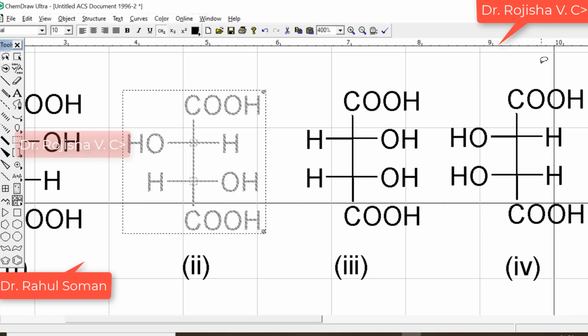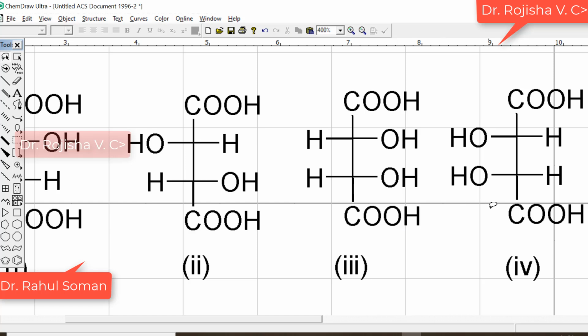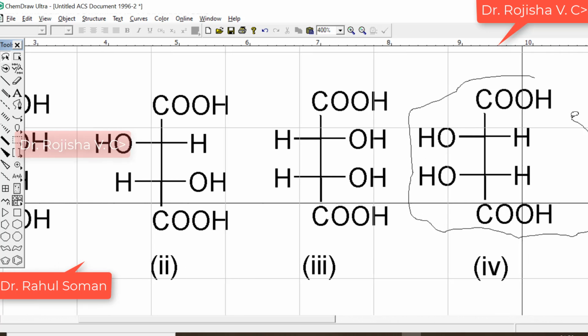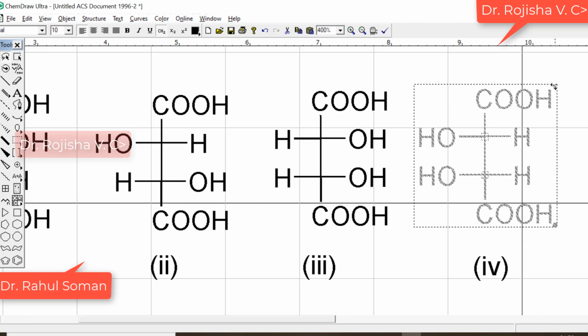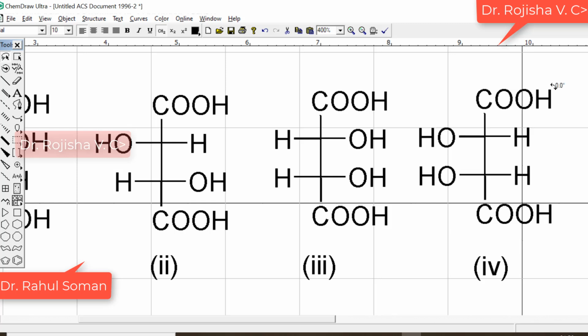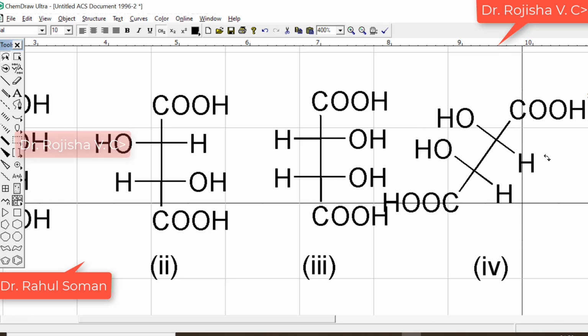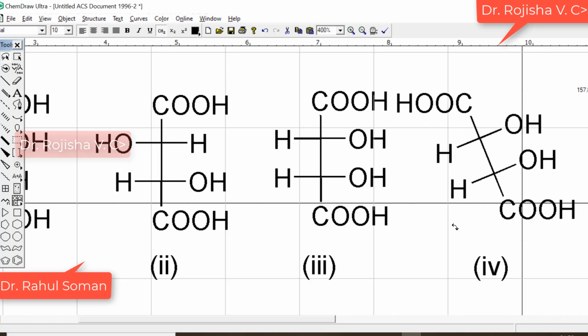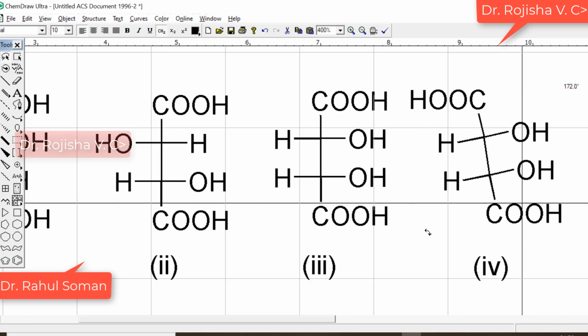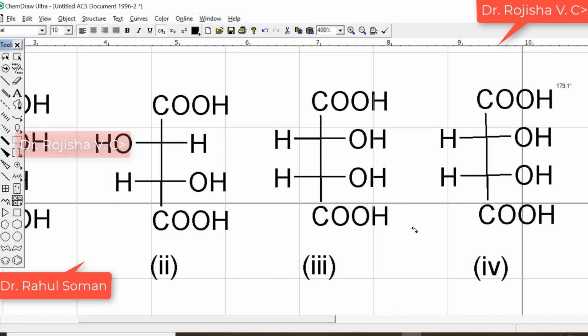But in this case, what I told is the third and fourth compounds are both the same only. If you rotate the fourth compound by 180 degrees, what will happen?